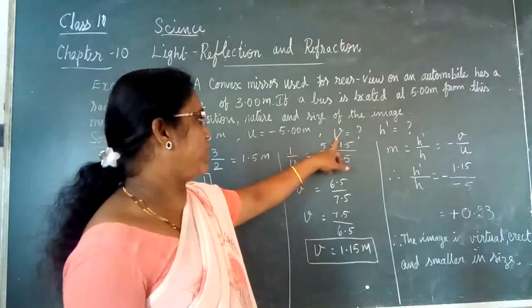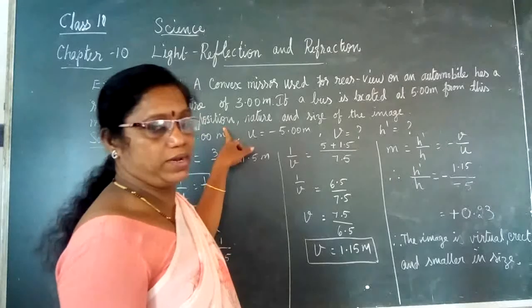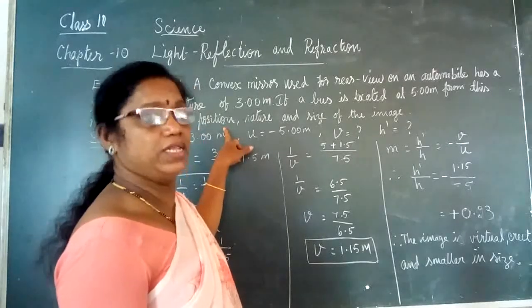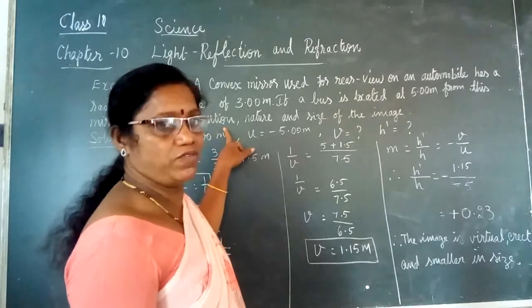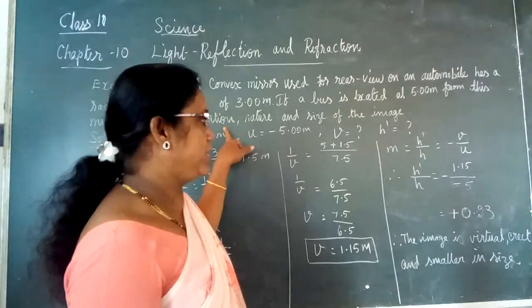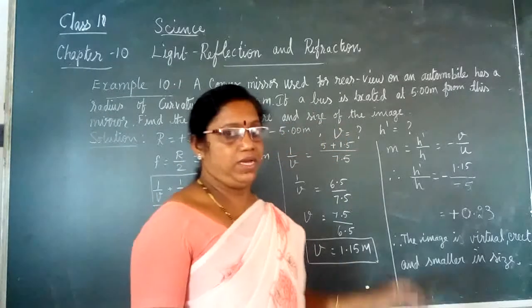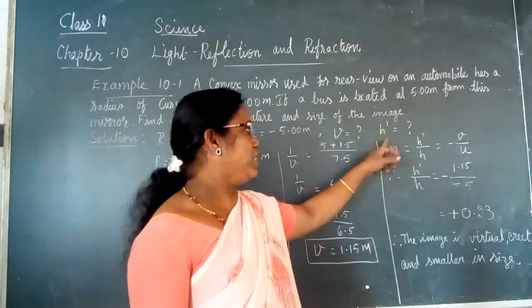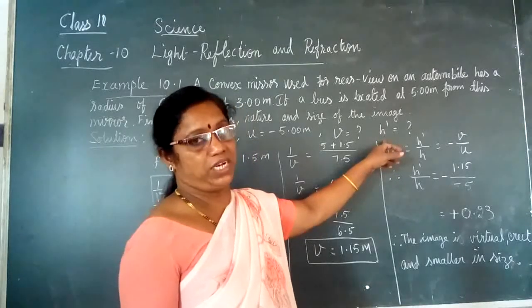You have to find the position, that is, at what position the image is present, which is the distance of the image from the mirror, and also the nature and size. We get the size by finding the ratio, magnification.